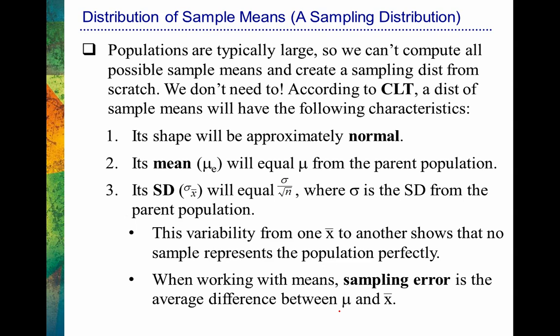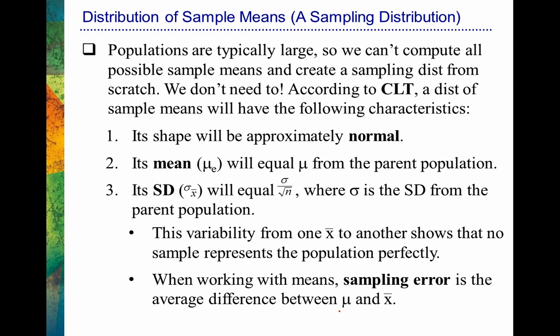So when we're talking about sampling error, we're essentially talking about how close is our sample data coming to the population data. So remember, this is what's really tying us to inferential statistics. Our sample data is not going to perfectly represent our population data. And if it's not going to perfectly represent the population data, we need some way to quantify how far off it is. Well, that's what sampling error is all about.